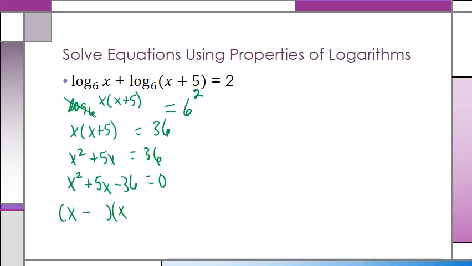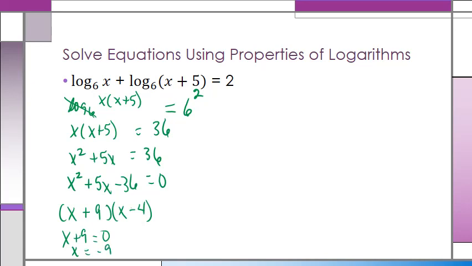I think if I go x plus 9, x minus 4. 9 times negative 4 is negative 36. 9x minus 4x is 5x. All right, let's set each factor equal to 0. So we have x plus 9 equals 0. x is equal to negative 9.